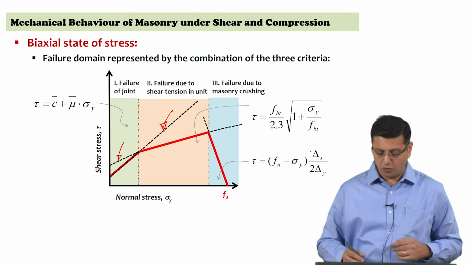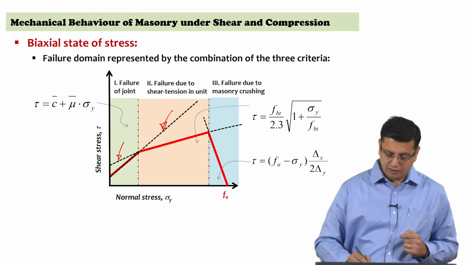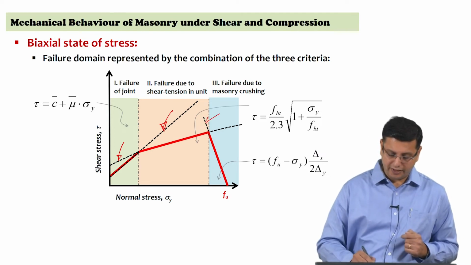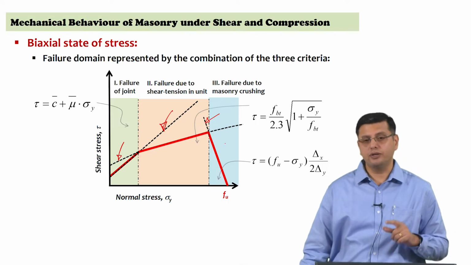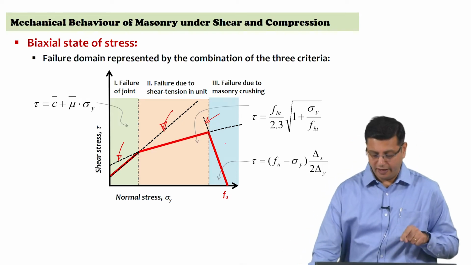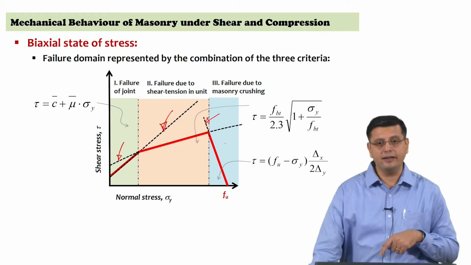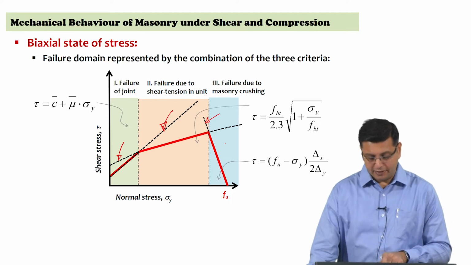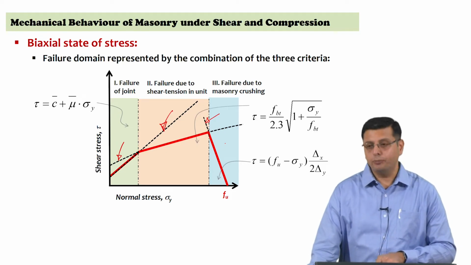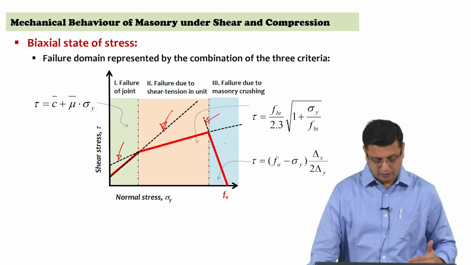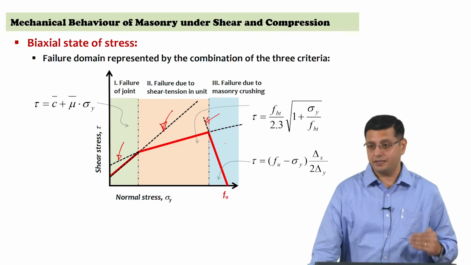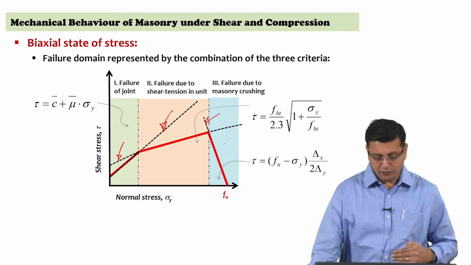And for the third zone, we have the third line, that is this line, given by tau is equal to masonry crushing failure Fu minus sigma y into delta x by 2 delta y, and you see that that value becomes the lowest value of shear stress tau as a function of sigma y.